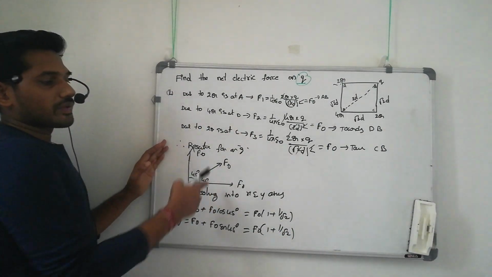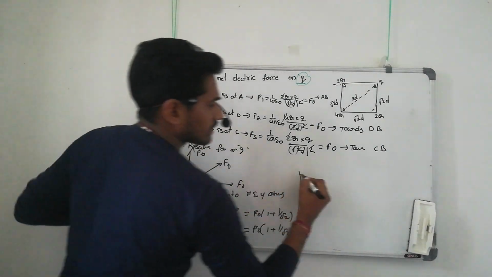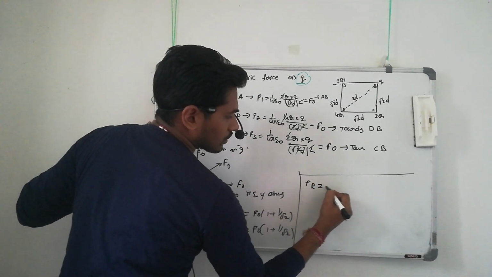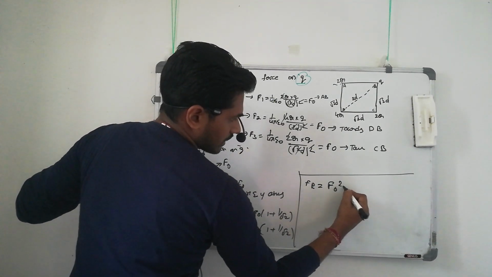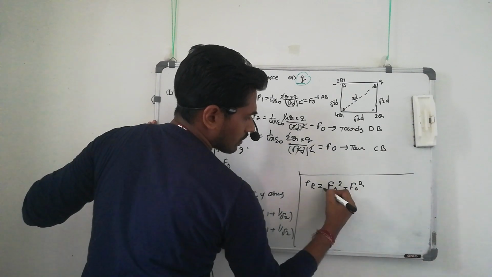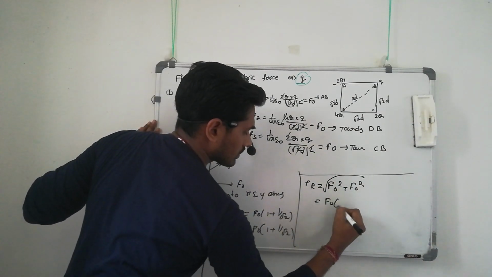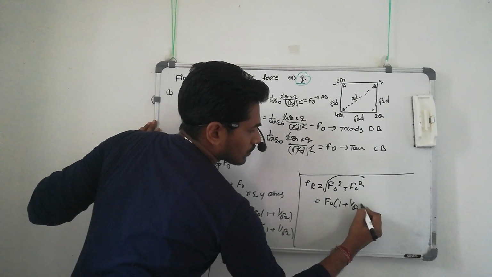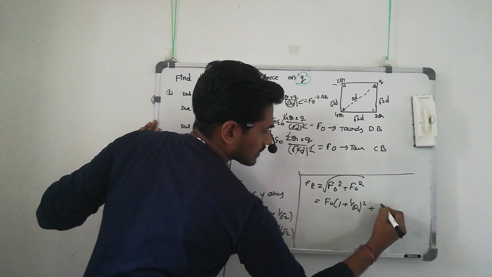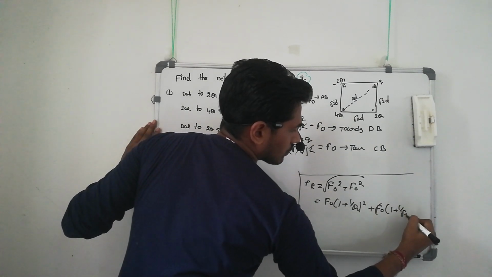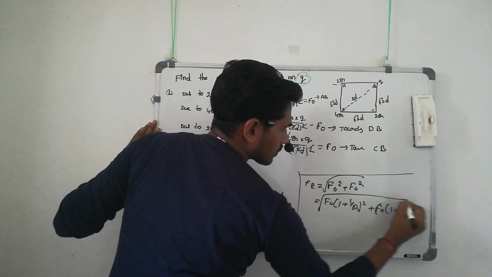Both are perpendicular components. Ultimately the resultant should follow the Pythagoras theorem. So F resultant is equal to the square root of Fx square plus Fy square. So F0 into 1 plus 1 by root 2 whole square plus F0 into 1 plus 1 by root 2 whole square, total square root.